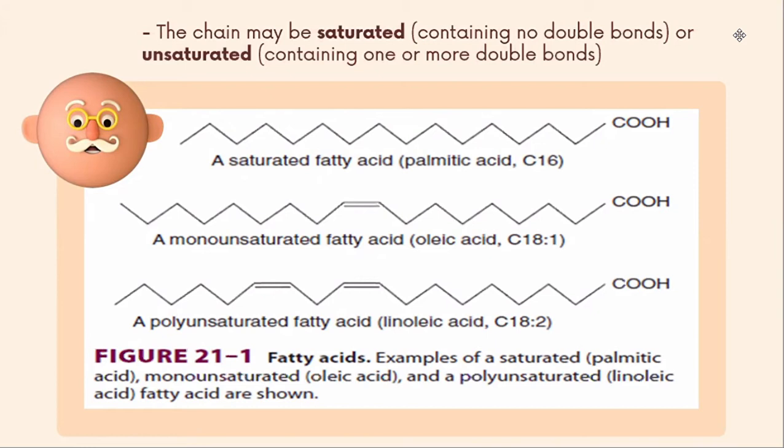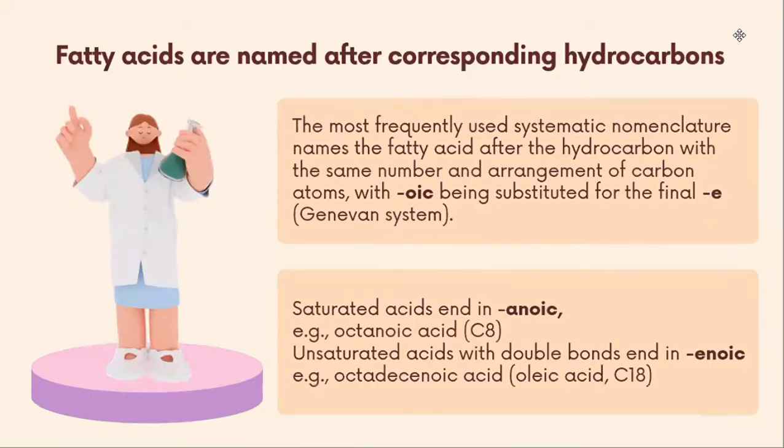So a saturated fatty acid, for example, is palmitic acid, 16 carbons. A monounsaturated fatty acid is oleic acid, 18 carbons with one double bond. A polyunsaturated fatty acid is linoleic acid, 18 carbons with two double bonds. So fatty acids are named after corresponding hydrocarbons.